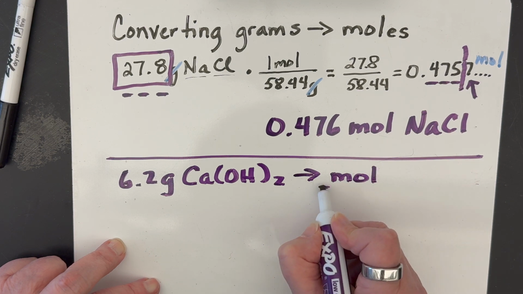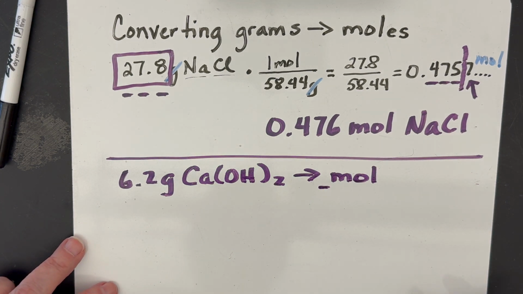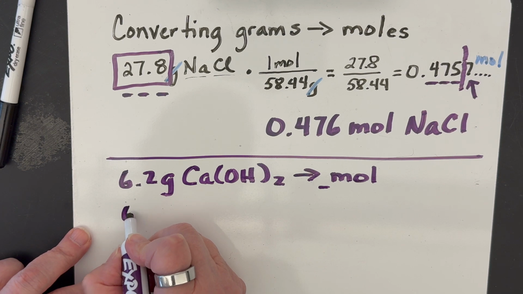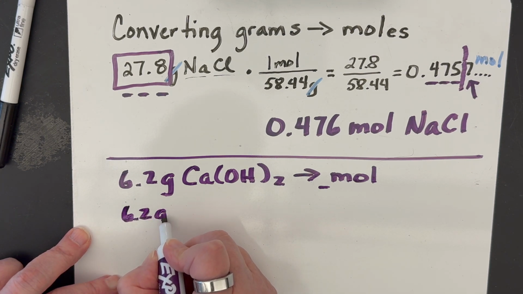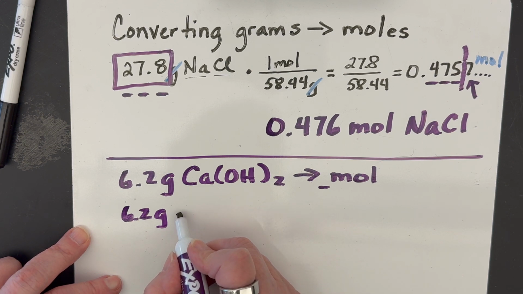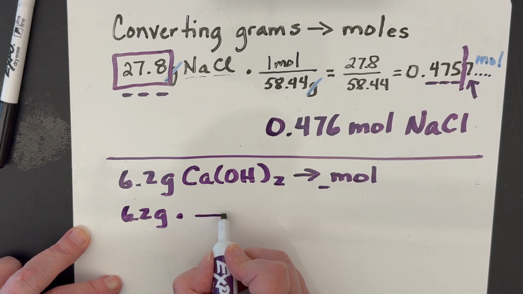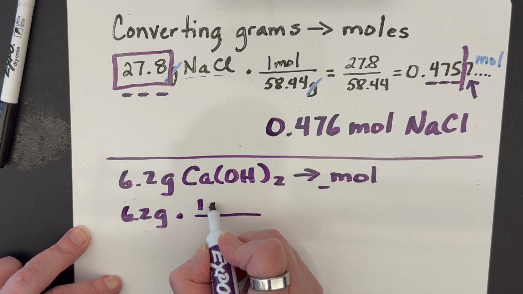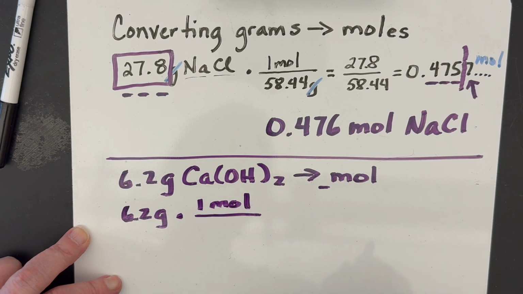So we want to know how many moles is that. So we start with our 6.2 grams, and we are going to multiply by the conversion factor, and the conversion factor will be 1 mole on top, and we need to figure out the molar mass of Ca(OH)2.